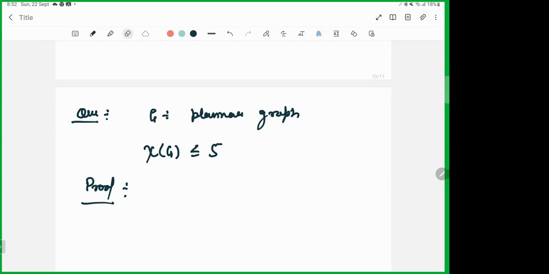This does not violate it, right? Because we will have a vertex with degree at most 5. So in that case we need 6 colors. That is fine. I am saying we can color it with 5.